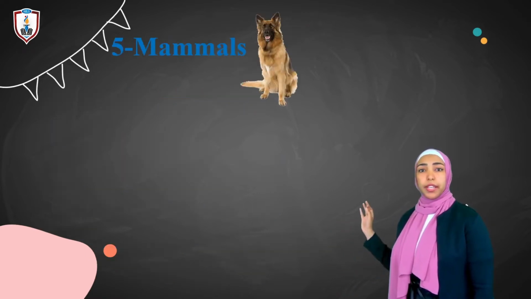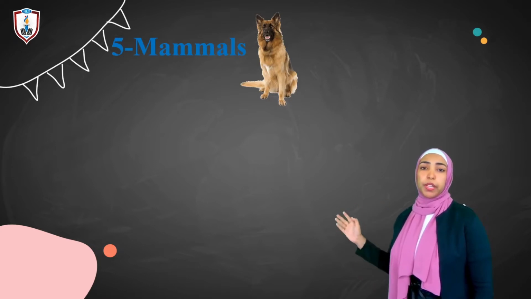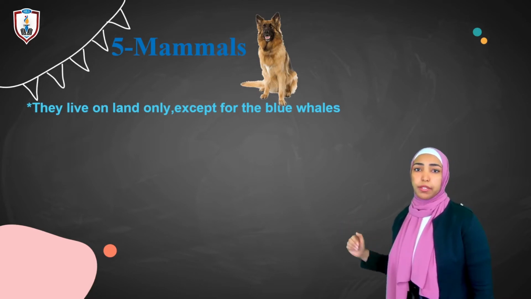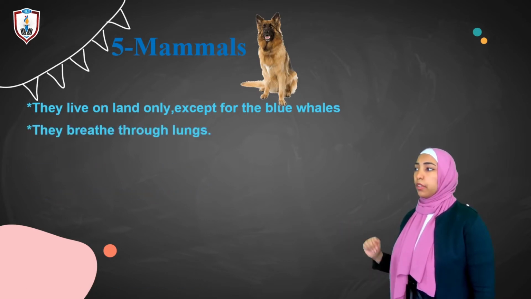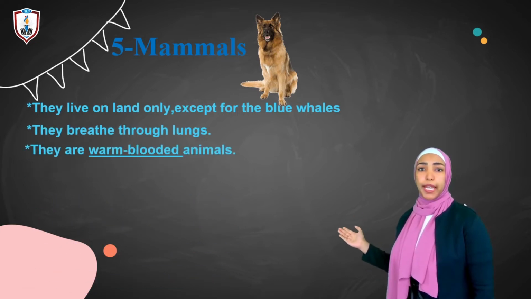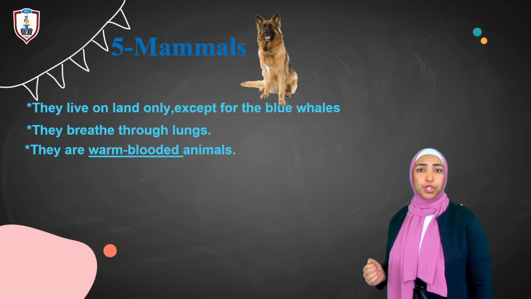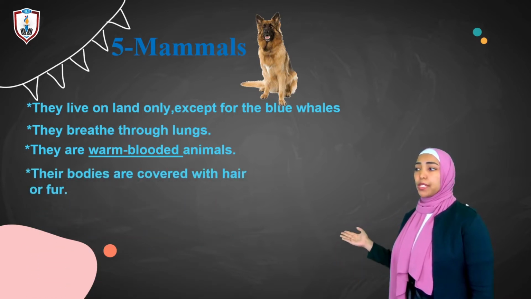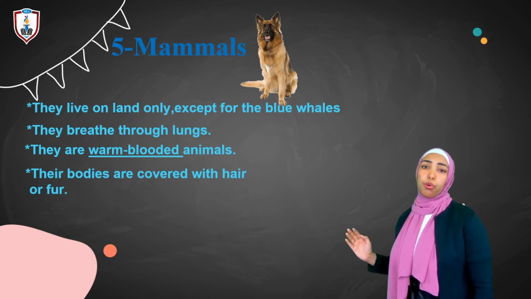Let's see the last group, the mammals. The mammals live on land only, except for the blue whales. They breathe through lungs. They are warm-blooded animals. Again, their temperature does not change. Their bodies are covered with hair or fur.